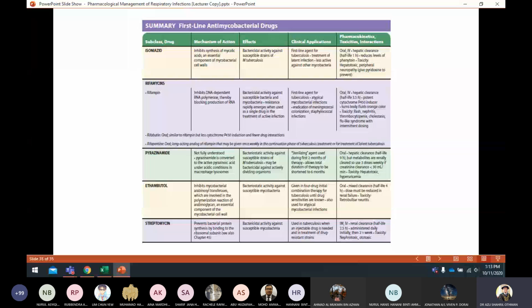But in contrast, if the question is on tuberculosis, for which the treatment is quite exact, it always has to revolve around the RIPE: rifampin, isoniazid, pyrazinamide, ethambutol.